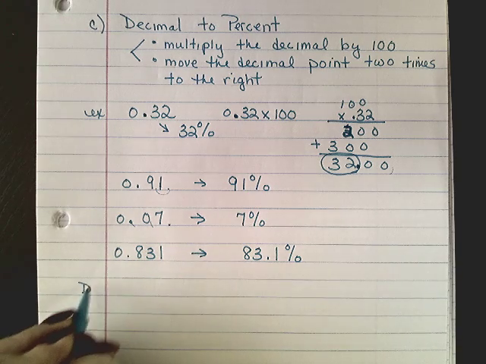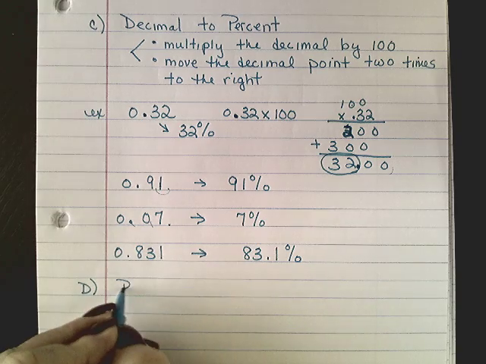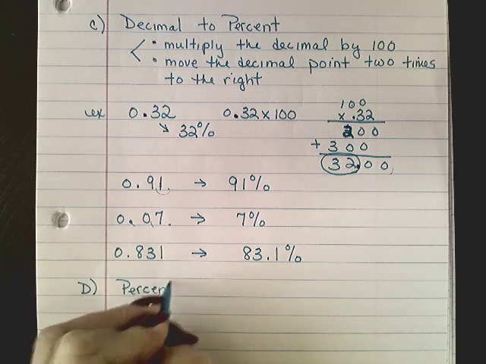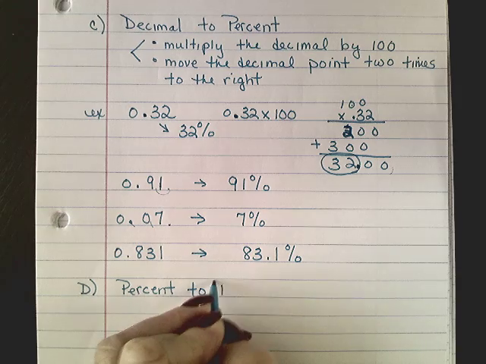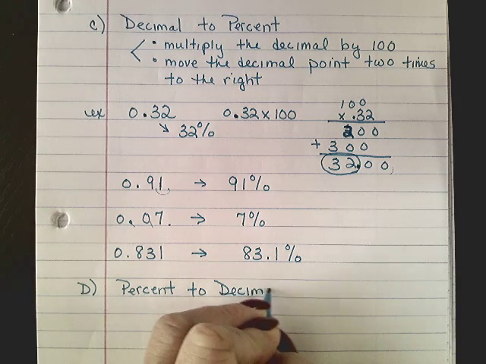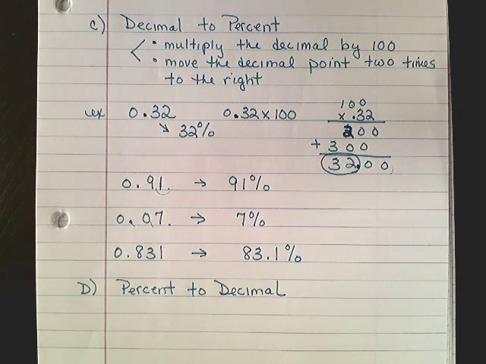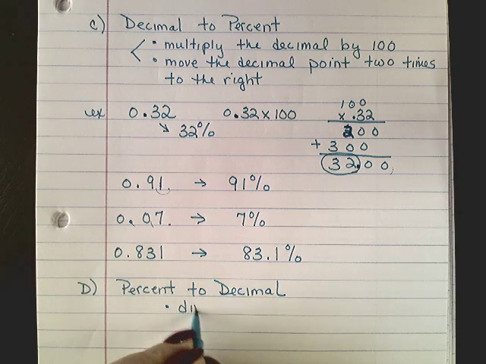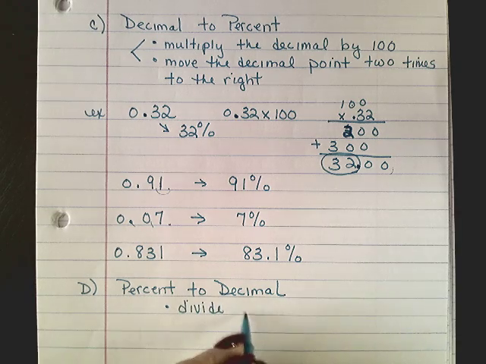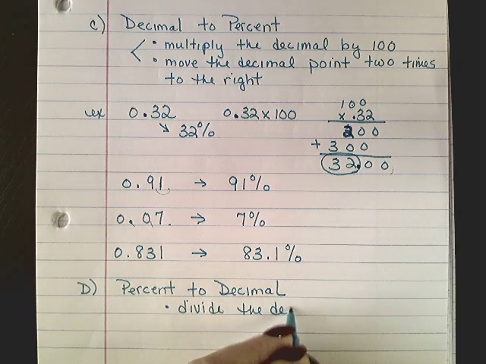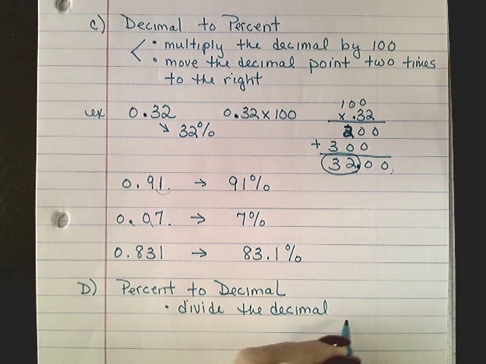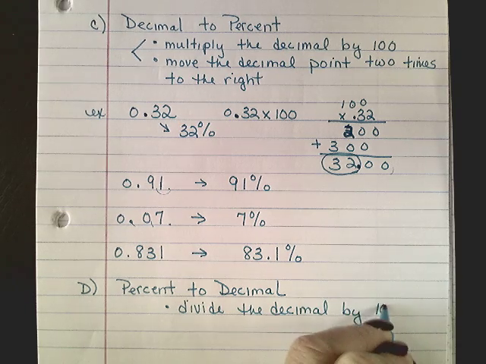Okay, the next one would go the opposite direction, which would be percent to decimal. All right, so if I have a percent, then I am going to divide the decimal by 100.